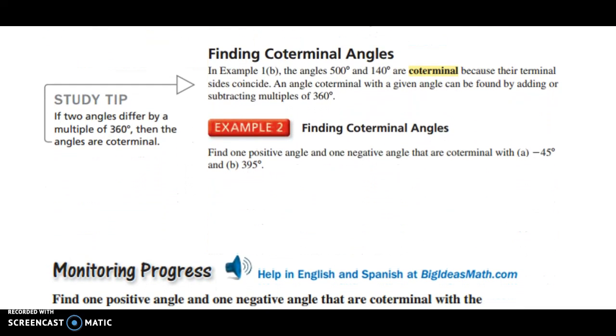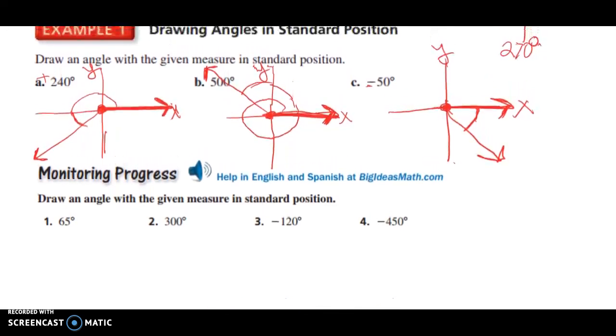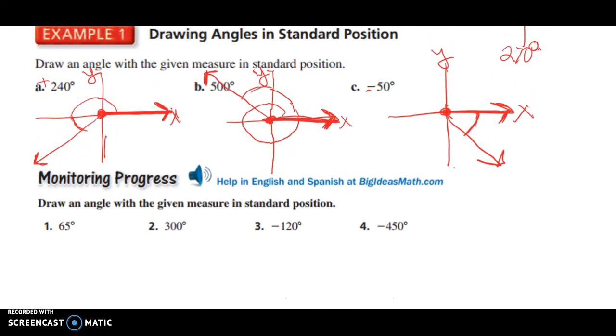Now, let's look at coterminal angles. Coterminal angles means that their terminal sides coincide. They share terminal sides. So many angles can land on the same spot. For instance, if you look at example 1b, 500 degrees we drew.